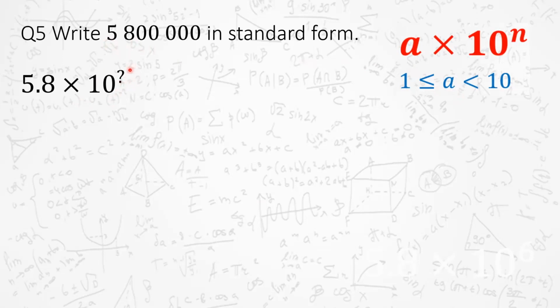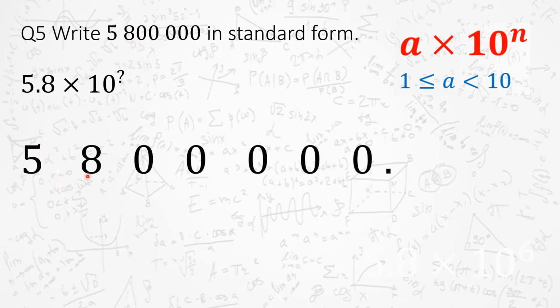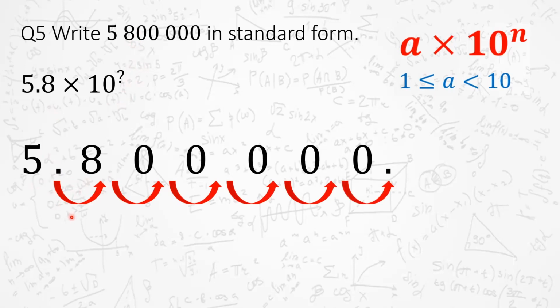This power will have to be a positive number because 5,800,000 is a lot bigger than 5.8. So the number is 5,800,000 and we start with 5.8. Now we need to move it: 1, 2, 3, 4, 5, 6. So we move the decimal point to the right 6 times. Therefore, the final answer is 5.8 times 10 to the power 6.